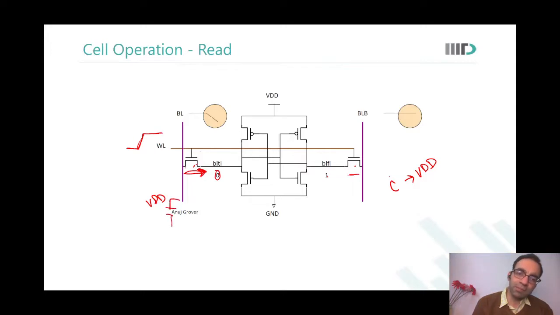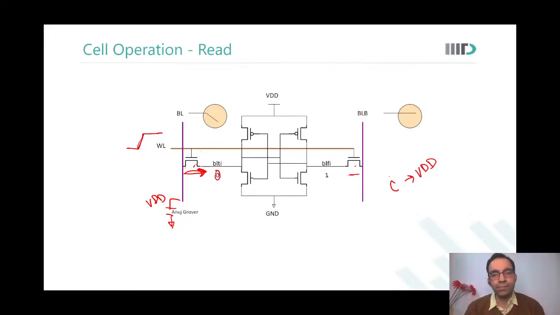Now this is a capacitor, so when a current flows, some charge is removed from it. When charge is removed from a capacitor, what happens to its voltage? It decreases, the voltage falls. So because bit line was connected to BLTI, which had 0 stored on it, my BL voltage falls. After some time, there would be sufficient differential between bit line and bit line bar, and I will be able to trigger the sense amplifier and complete the read operation.